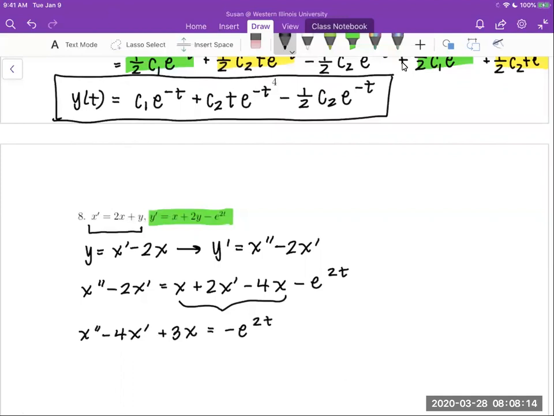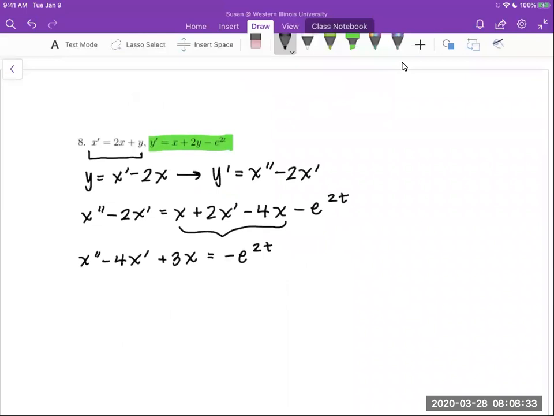So at this point right here, we're back into the world of section 3.5, where we have a linear non-homogeneous DE with constant coefficients. And so we need to go through the steps of finding both the complementary function and the particular solution while being sure to check whether we have any duplication.